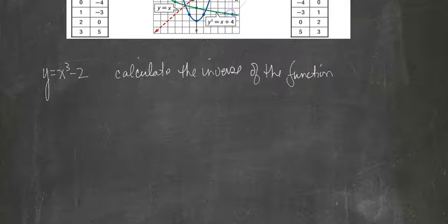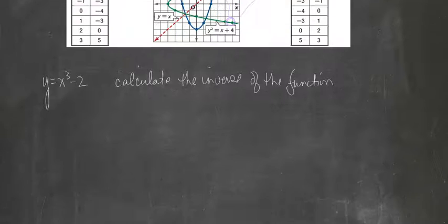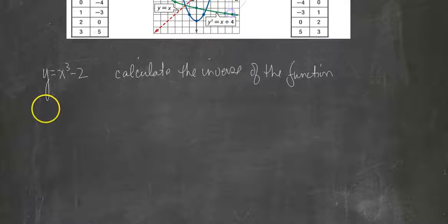I'm going to take advantage of the fact that we saw in the table that on the inverse graph, x's and y's change position. -2, 0 becomes 0, -2. X's and y's change positions. So I'm going to calculate the inverse of this by plugging in x for y and y for x.